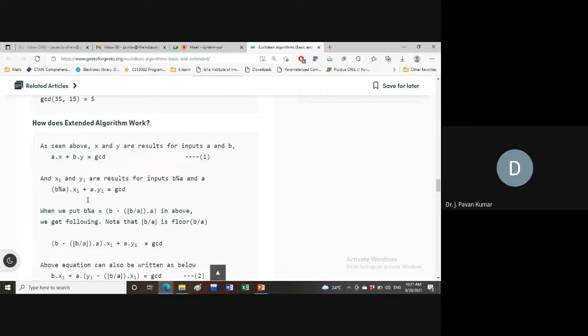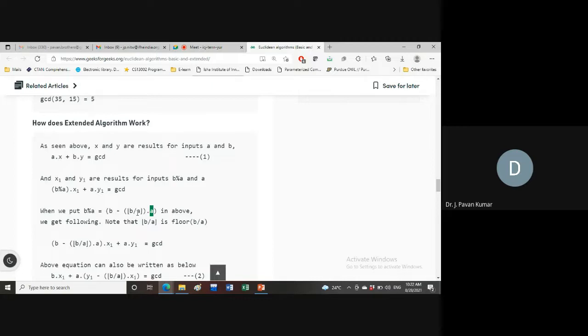Next, the question is how we can calculate b mod a. In general, suppose 13 mod 5. How will you calculate 13 mod 5? Of course, we divide. How many times will it go? 2 times. Then we get the remainder: we subtract from the original number, right? What is the original number? b. So from b we have to subtract something. What is that something? It is some multiple of a, a into some number.